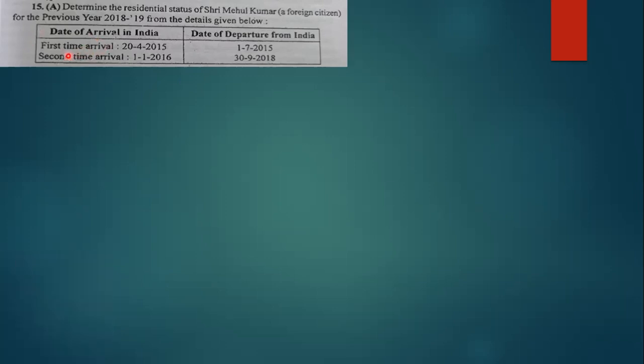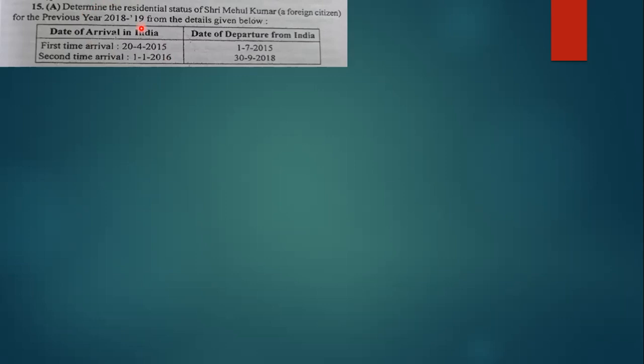From these dates, we have to calculate each and every previous year's stay in India. Okay. First, we have to define the assessment year and previous year.